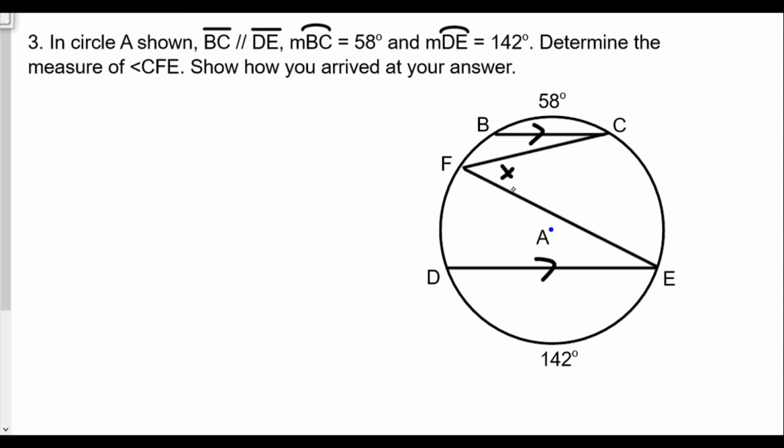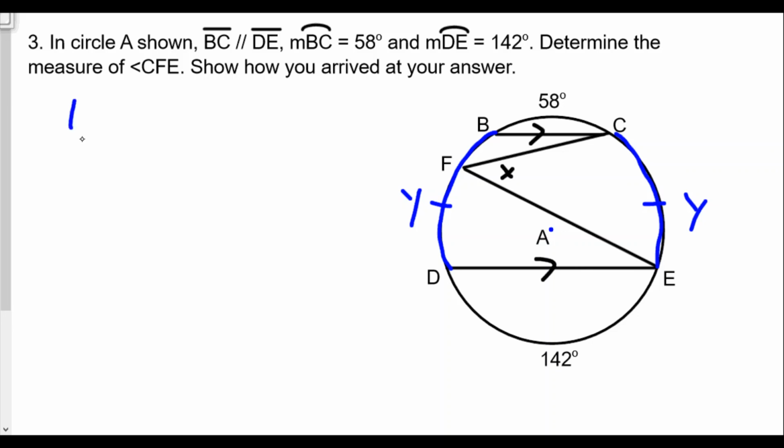We know that if two chords are parallel in the circle, then the arcs intercepted between them must be congruent. So I'll call this measurement x, oh no, we already called that x, so let's call it a different letter. Let's call it y. How's that sound?